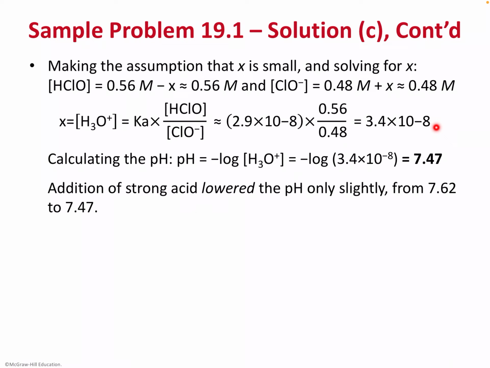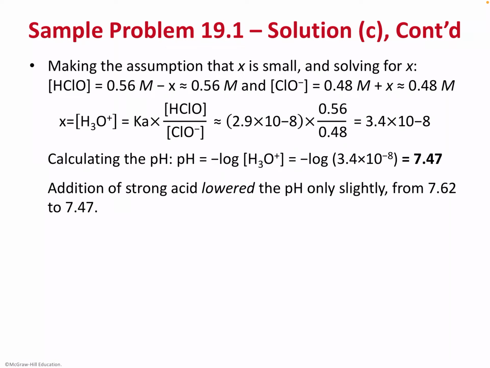Find your hydronium ion concentration, and then you can also check that the percent dissociation is less than 5%. And then the pH would be the negative log of the hydronium ion, 7.47. Now since we have added acid, the pH slightly changed from 7.62 to 7.47.